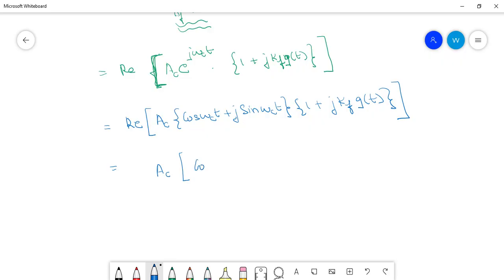We have cos omega_c t, and then from the imaginary term you get minus kf g(t) sin omega_c t. So this is nothing but the denotation of your narrow band FM.